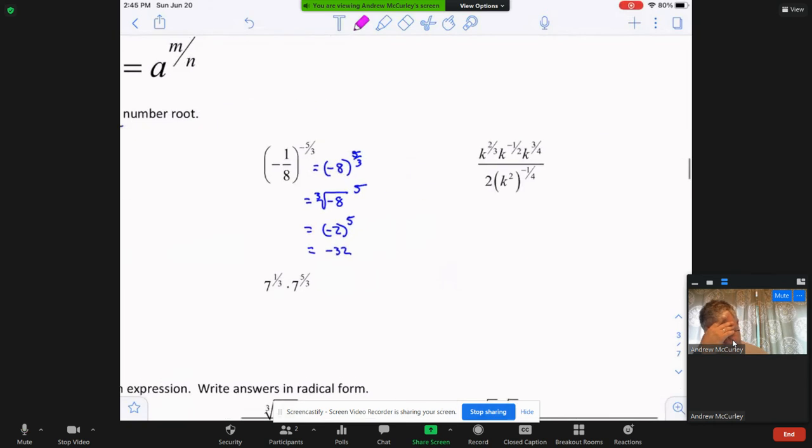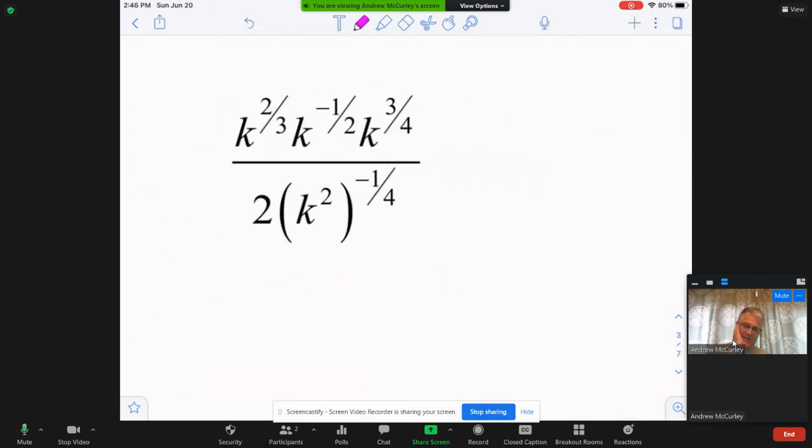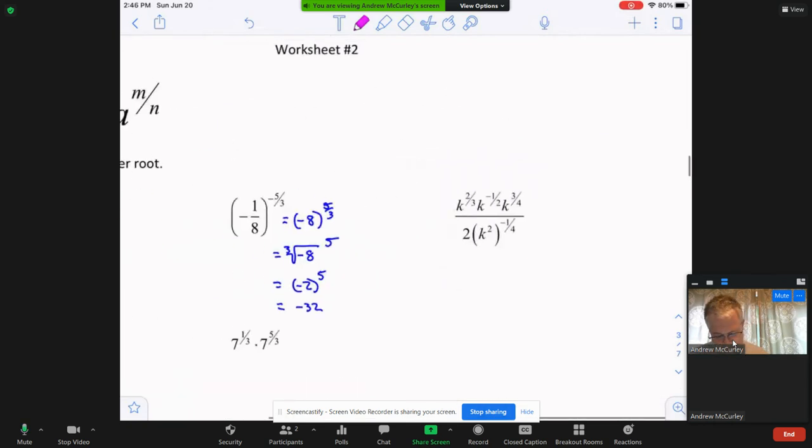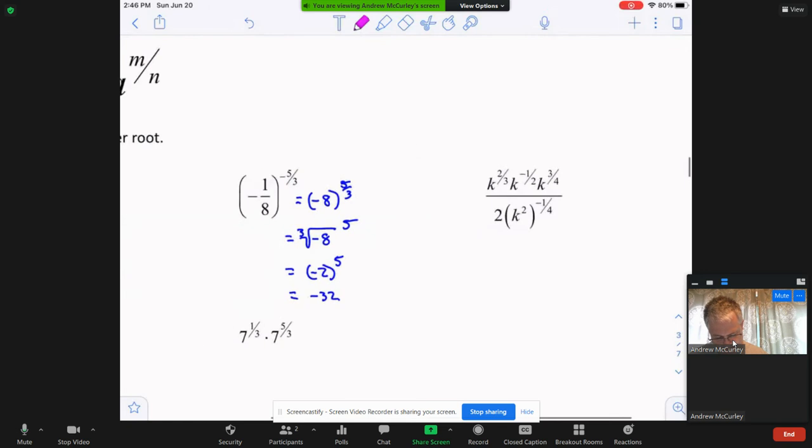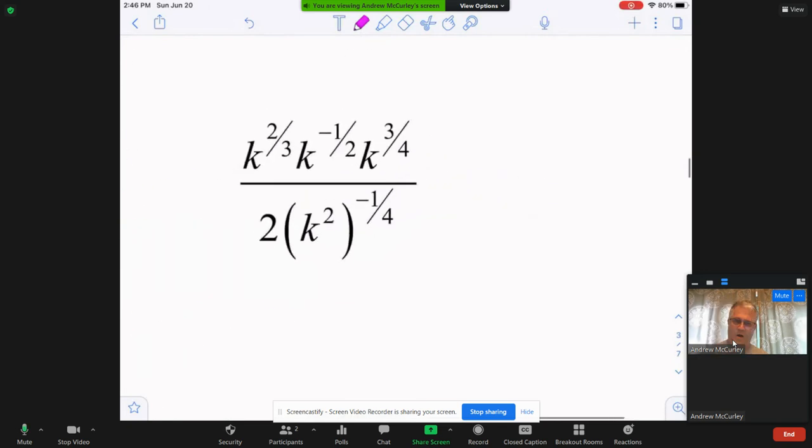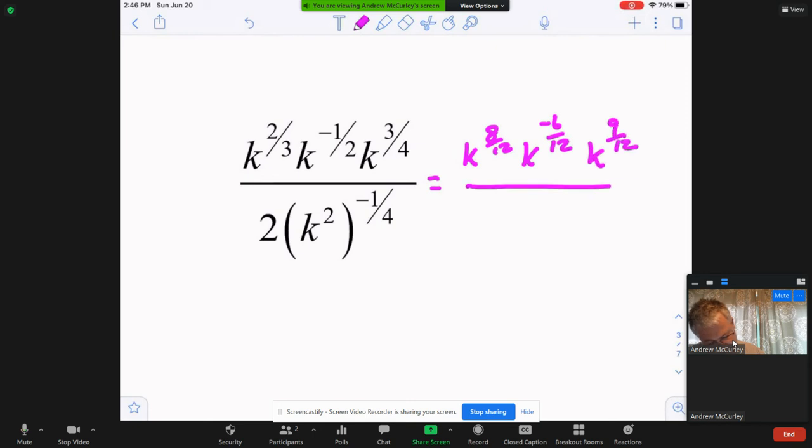Also, we have to be able to add and subtract these. Now, I think we want our answer in a radical here. But remember all our exponent rules. Let's do this one. I've got 2/3 plus 1/2 plus 3/4 on the top. That is going to be 12ths. So that's k to the 8/12, k to the negative 6/12, k to the 9/12, all over.